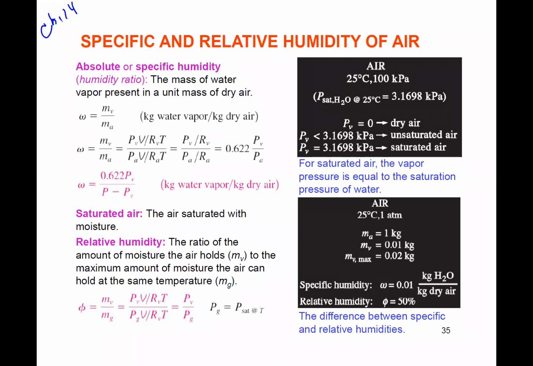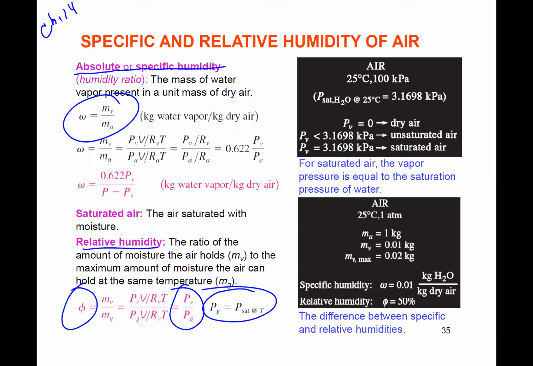And one of the big ones, I mentioned this before, you kind of did your homework, you had your exam, but knowing the difference between absolute or specific humidity, it's just mass of water vapor over mass of dry air, and relative humidity. Relative humidity changes with temperature. So if you're changing temperature, you're changing relative humidity.